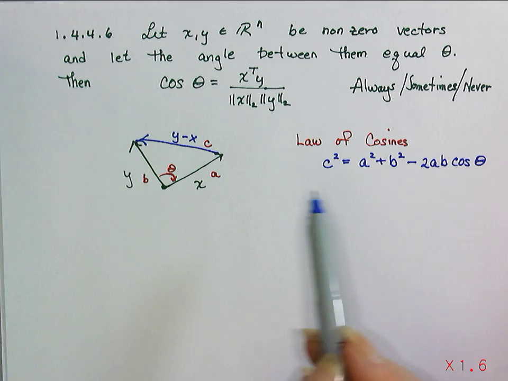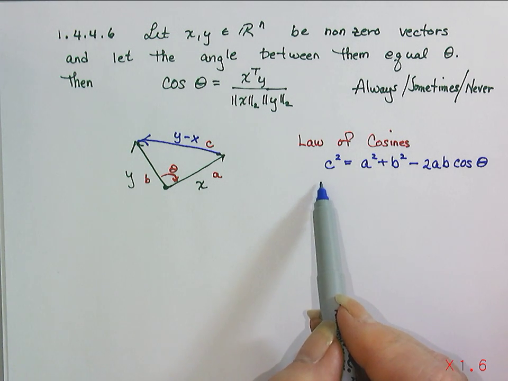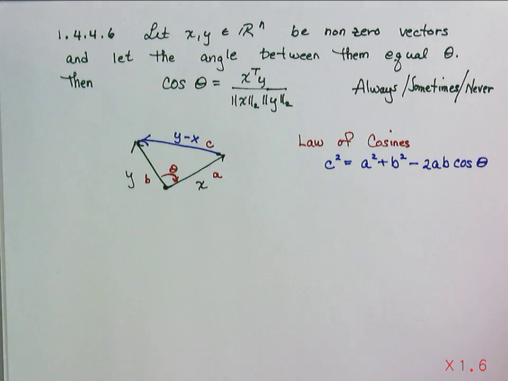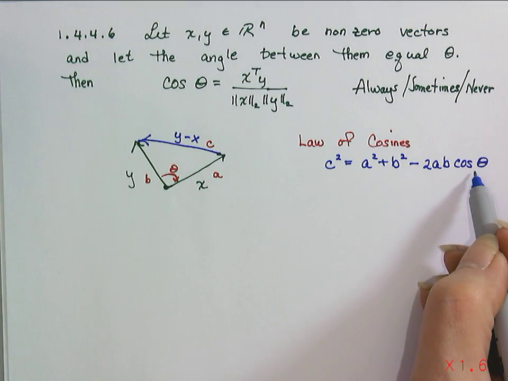How do I know that? It's the law of cosines, and I actually looked it up on the web just to make sure that I wasn't mistaken with one of my signs here. And I wasn't.